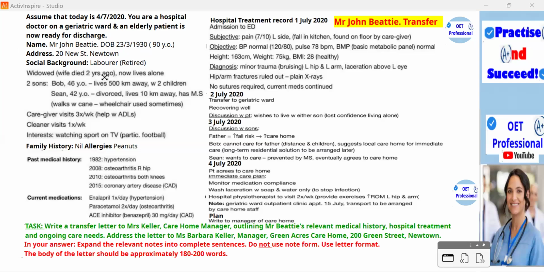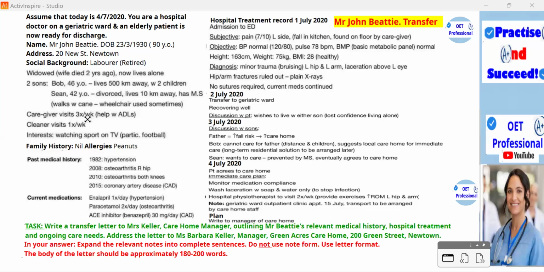Wife died 2 years ago, now lives alone. 2 sons: Bob, 46 years old, lives 500 kilometres away with 2 children. Sean, 42 years old, divorced, lives 10 kilometers away, has MS. MS is multiple sclerosis. Walks with a cane and wheelchair used sometimes.